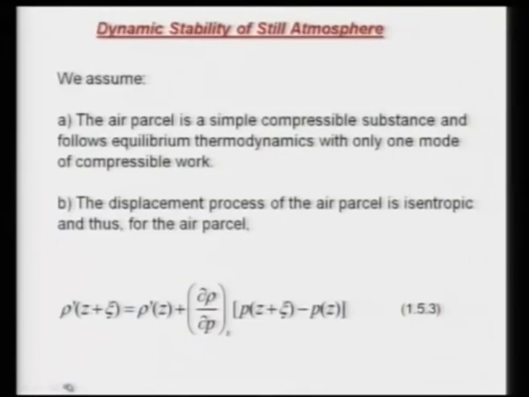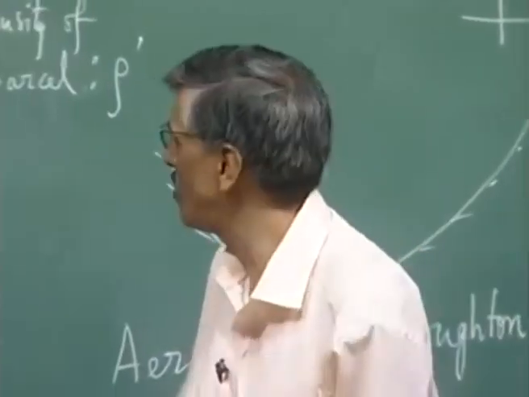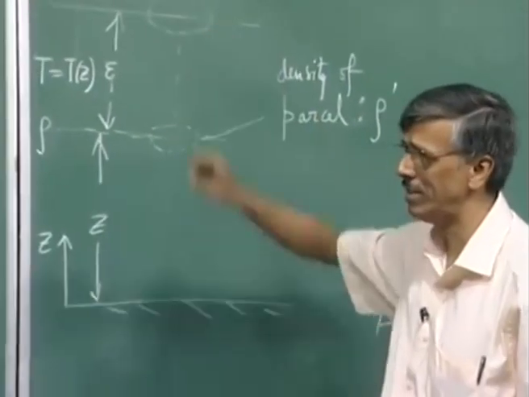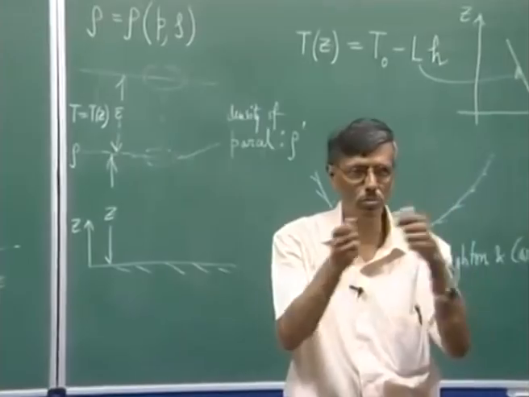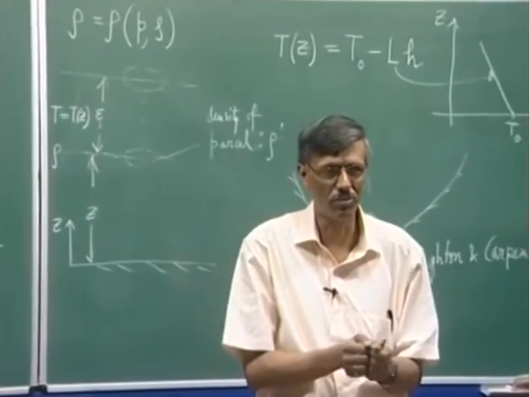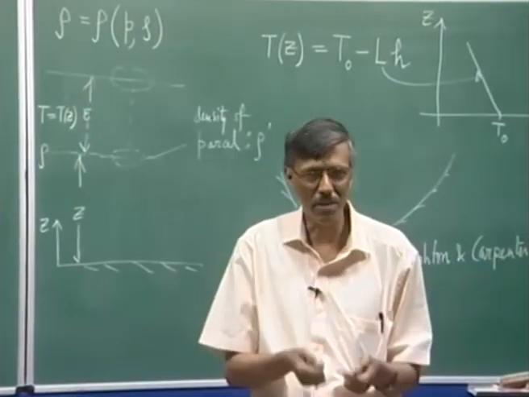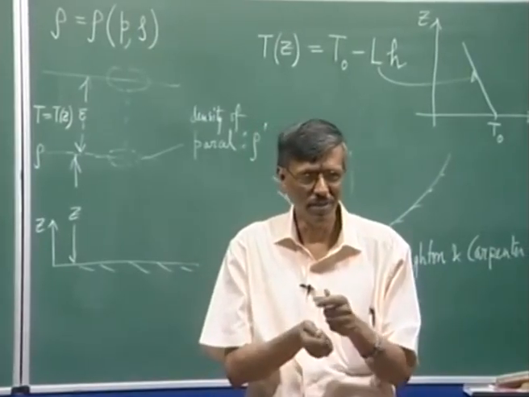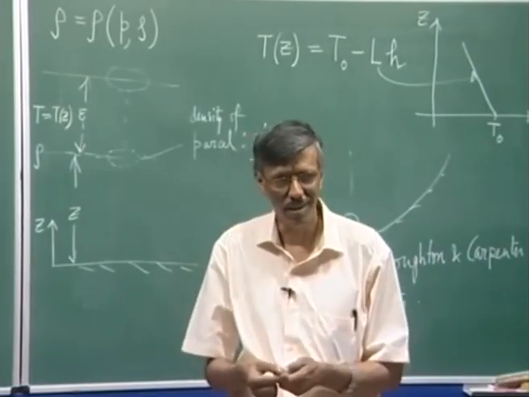Okay. Now, we also make a second assumption that when I move this parcel from this height to that height, I did it rather quickly. I did not allow the parcel to do some kind of heat exchange with the surroundings. So, that is a kind of adiabatic process, and if I do it reversibly, then I can call that adiabatic process isentropic.